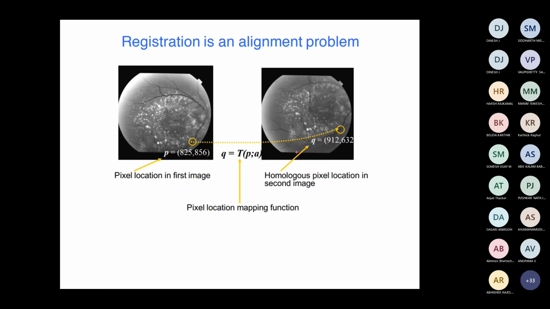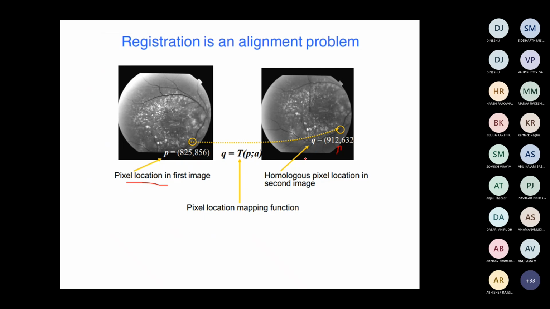And registration is the alignment problem. If you see a pixel location in the first image, the value is 845, 856. I need the same pixel, but I want to find where it is in this particular image. We have to map it. If you map, at some 912 and 632, the mapping will be happening.